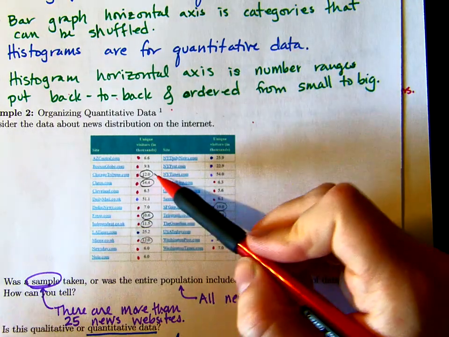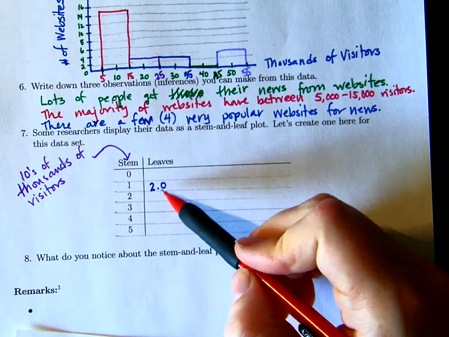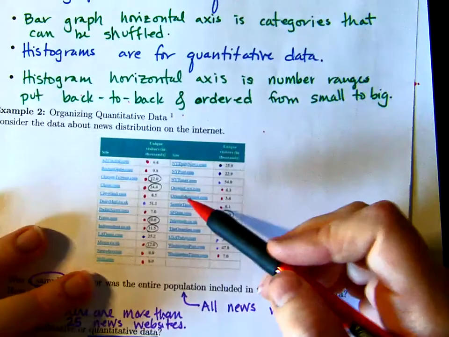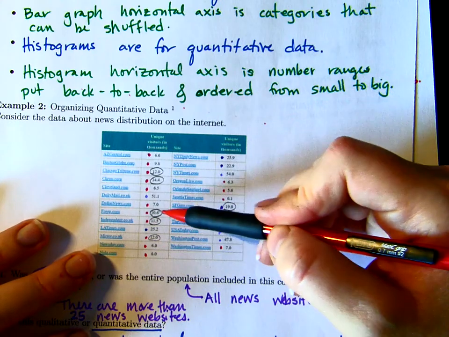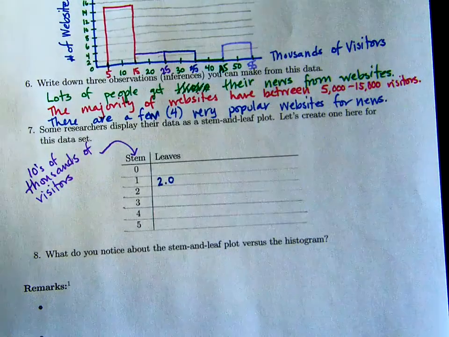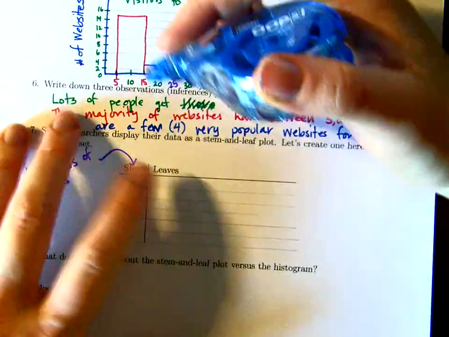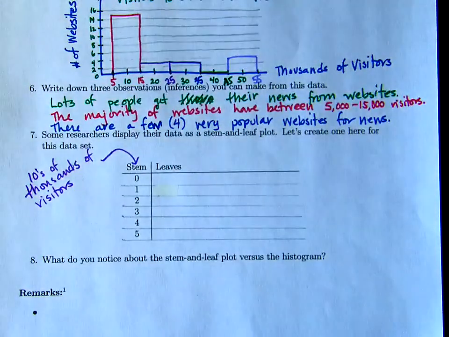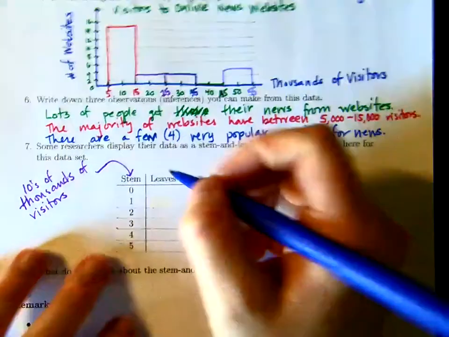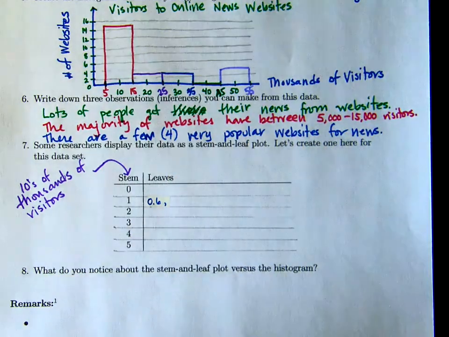So this 12,000 visitors would really be represented by 10,000 plus 2,000. But I notice that there's a smaller one right here. So this is 10,600. Okay, so for the smallest leaf, I'm actually going to write 0.6.